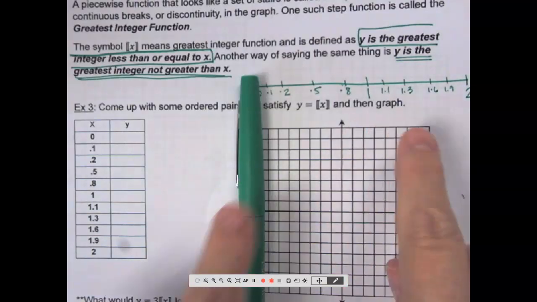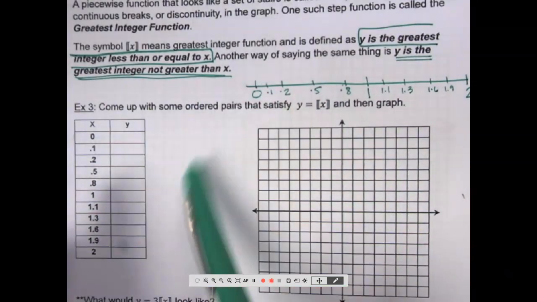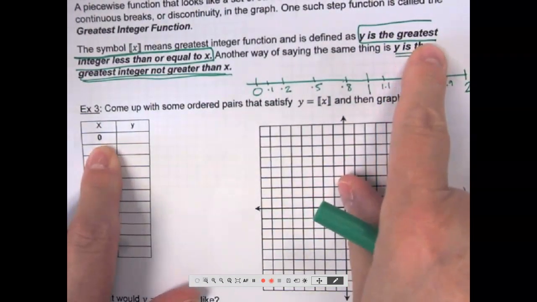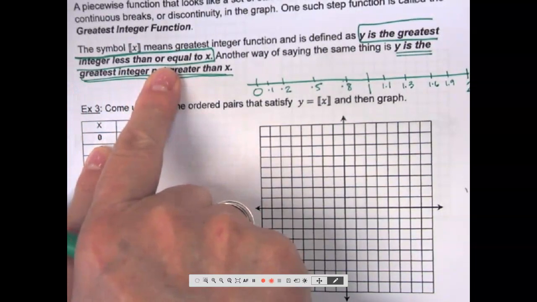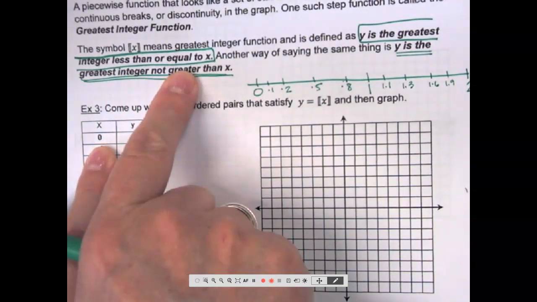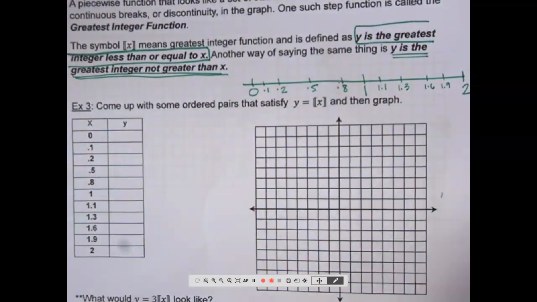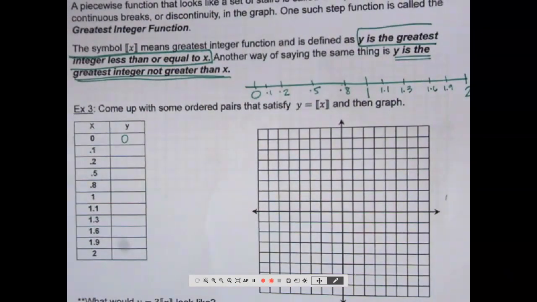Those are integers. All these decimals that I have here are not integers. So when x is 0, what is the biggest integer less than or equal to 0? Well, it's just 0, right? 0 is less than or equal to 0, true?